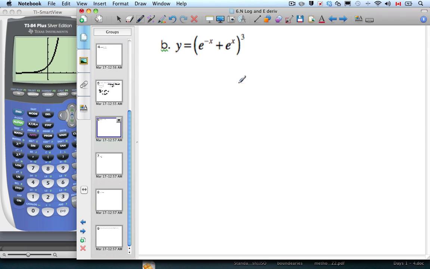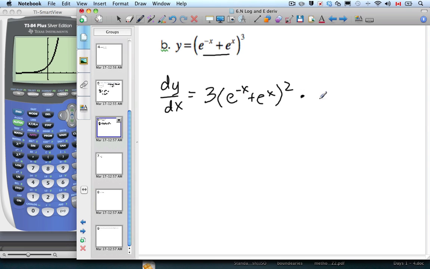Nice, done. Next one. All right, so all sorts of stuff going on here. dy dx. Again, we have a chain rule scenario. So let's take first the derivative of the outside function. So the 3 times e to the negative x plus e to the x, bring that down by 1. And then we take the derivative of the inside function.